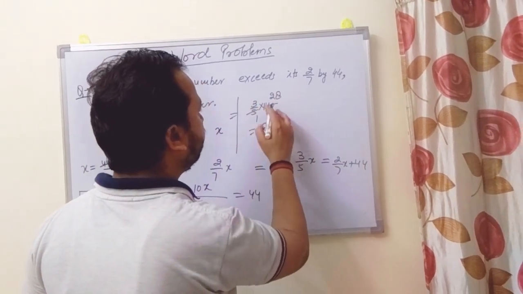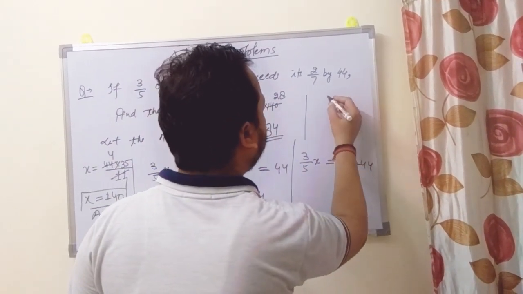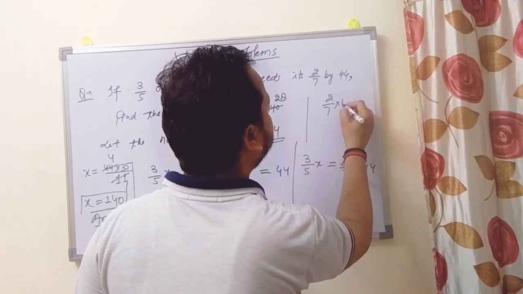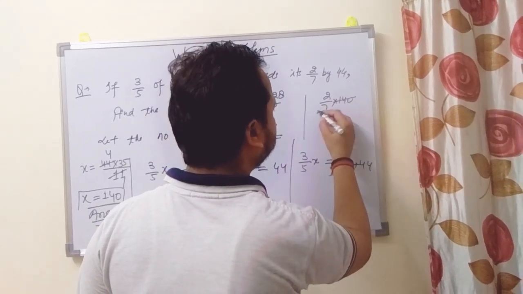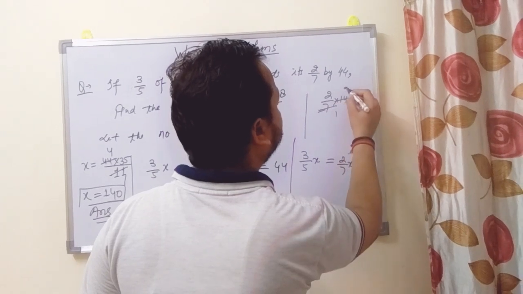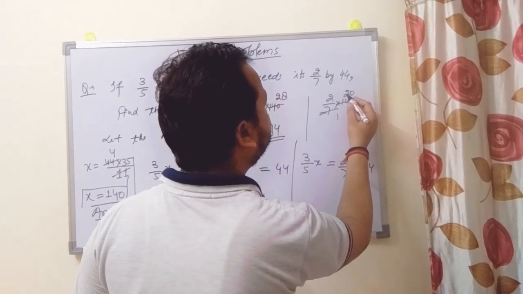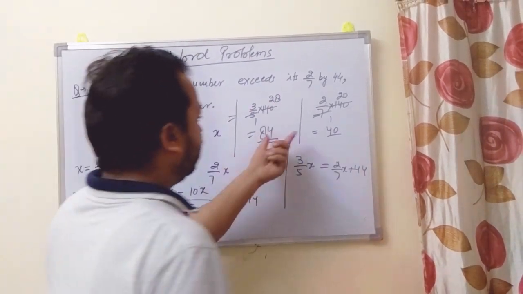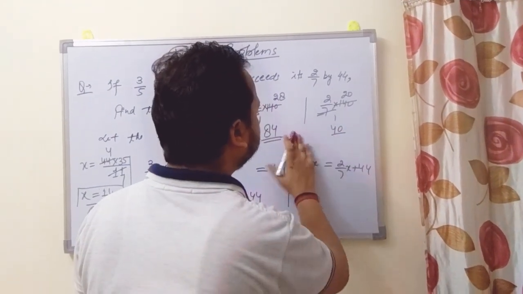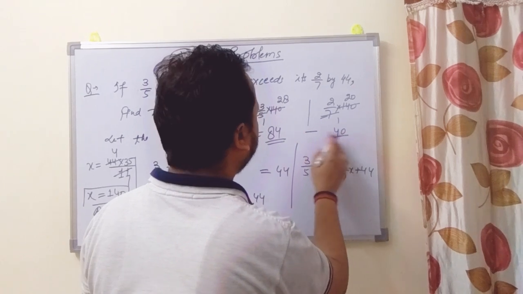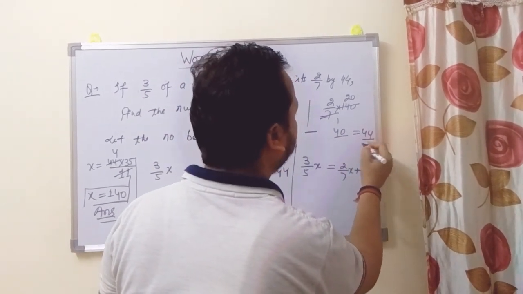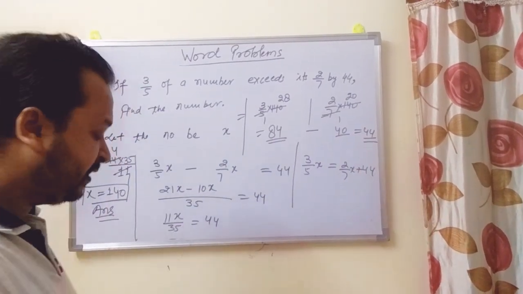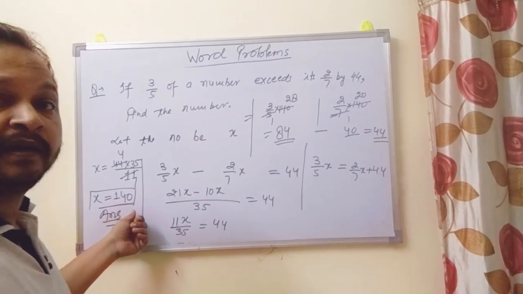So 3 by 5 of 140 is 84, and 2 by 7 of 140, 7 twos are 14 and 0, that is 40. So the difference between 84 and 40 is 44, right? It means our answer is correct.